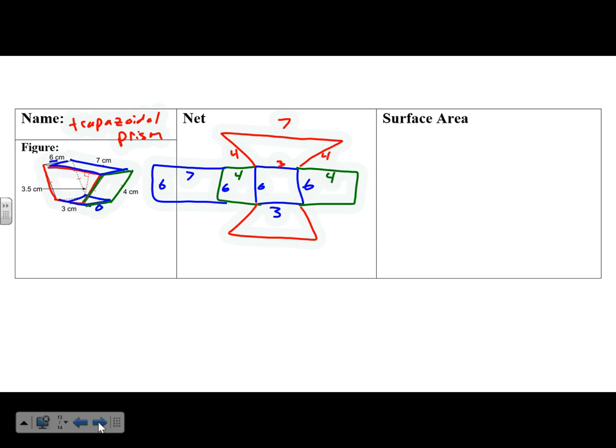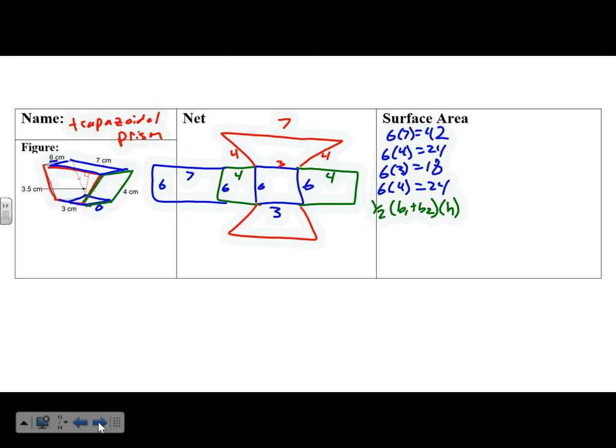So now find the surface area for this. So I have 6 times 7, 42. I'm just going left to right. 6 times 4 is 24. 6 times 3 is 18. And 6 times 4 is 24. Then we have 1/2 base 1 plus base 2 times the height.